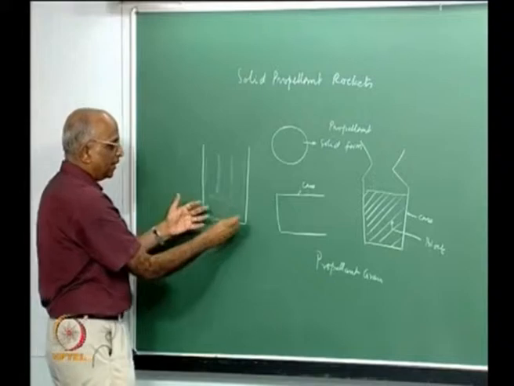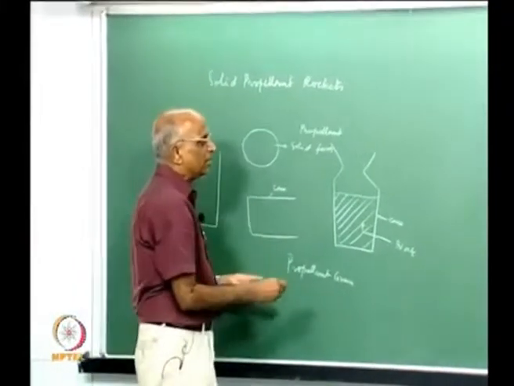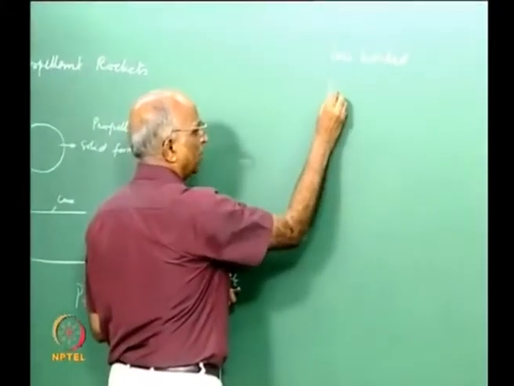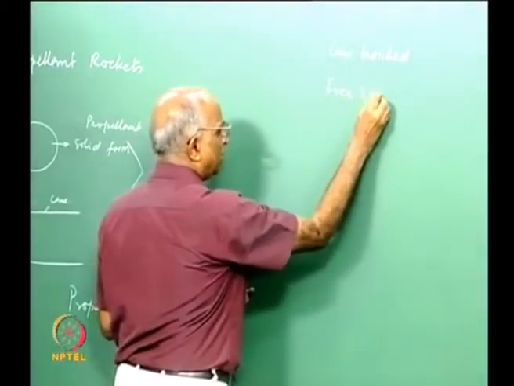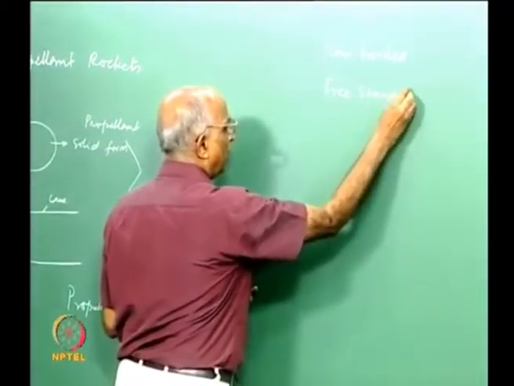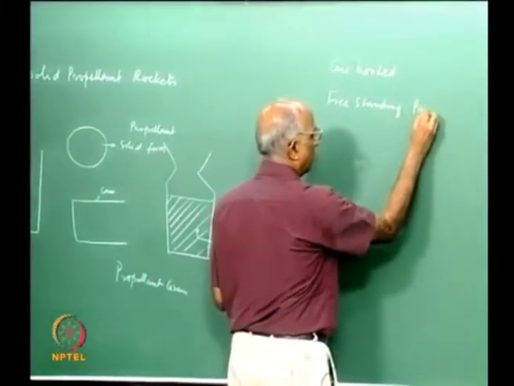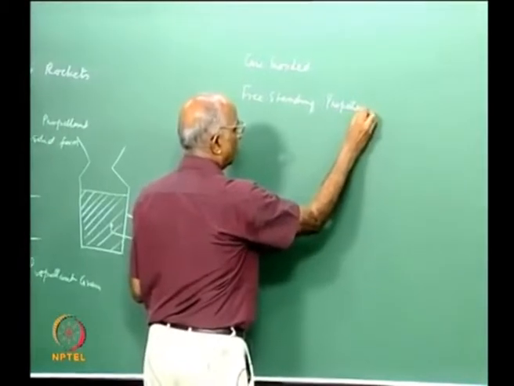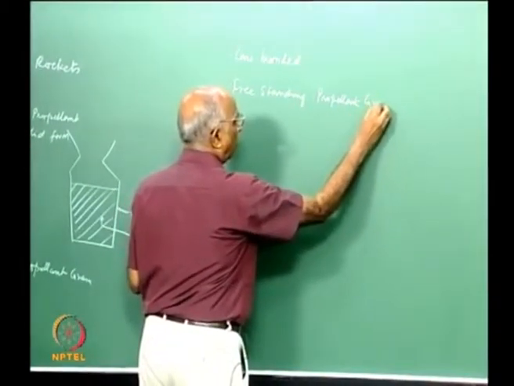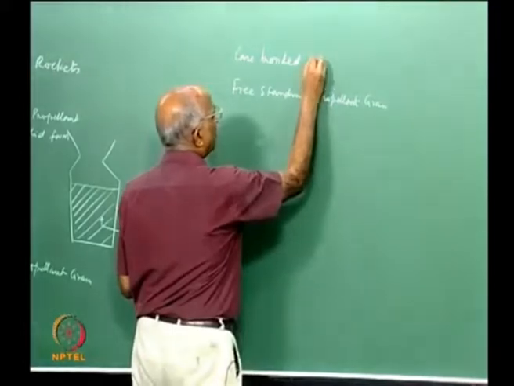We could thereafter cure this squished out paste in a furnace and enclose it within a sheath, and then I charge it into the case, in which case it is known as freestanding. And what is freestanding? The propellant grain inside it is freestanding, it is known as a freestanding propellant grain, or it is known as a case bonded propellant grain.